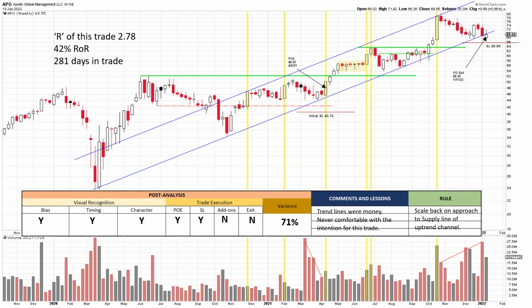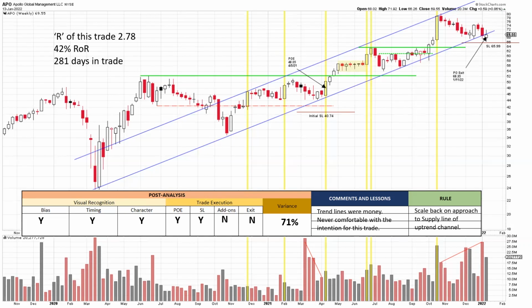So it gives us a way to see how we're doing. And the variance, what it actually means, is that we could have a losing trade with a very high variance because we followed all of our rules and executed the trade according to our trading plan. So the variance doesn't necessarily mean you've made money or not. It tells us how well we've actually followed our trading plan and our rules.